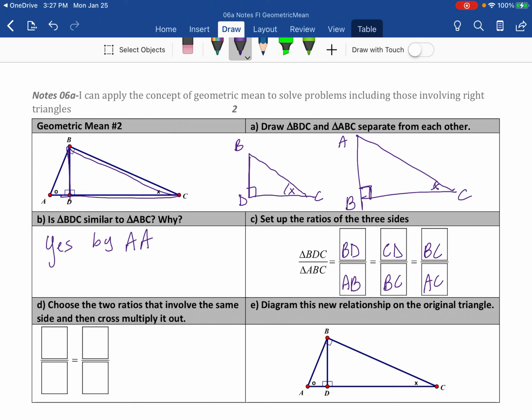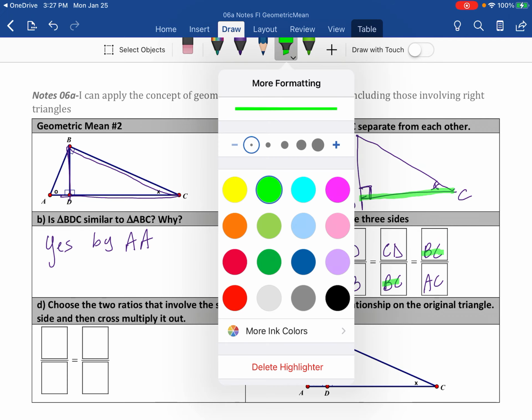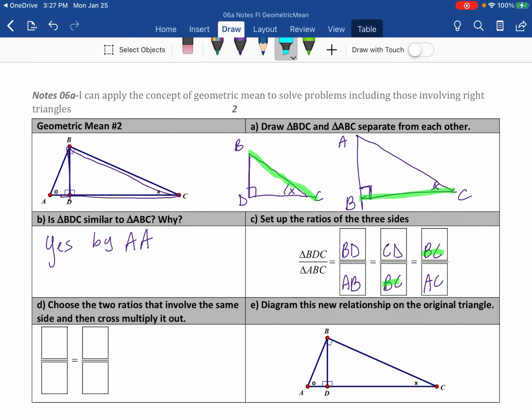And we do the same thing that we did with the previous problem, is we look for the two ratios that involve the same side and cross multiply. In this case, I notice here that I have a BC here and a BC here, so that's the one I'm going to recognize. So I have BC, BC. Now I'm going to go through and highlight the other two sides.